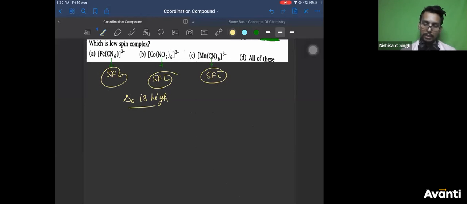Delta O is high means electrons will pair in T2G, in all these 3 cases. If electrons are pairing, do you get a high spin complex or a low spin complex? You will get a low spin complex. So the answer is D.